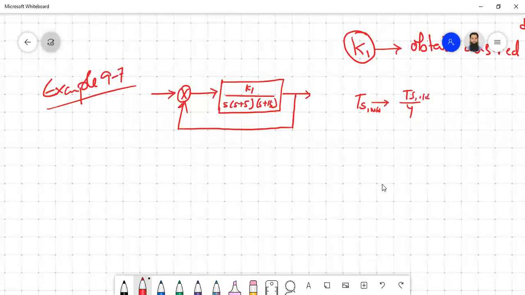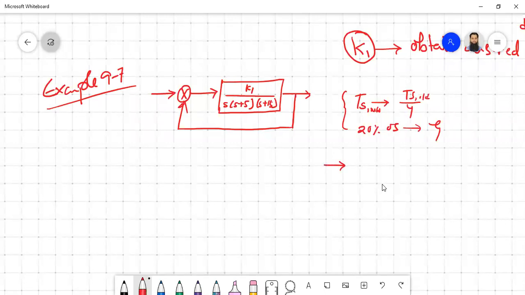So this is one criterion. And you have to maintain 20% overshoot. Basically this will give you the constant zeta line. The configuration is also provided.